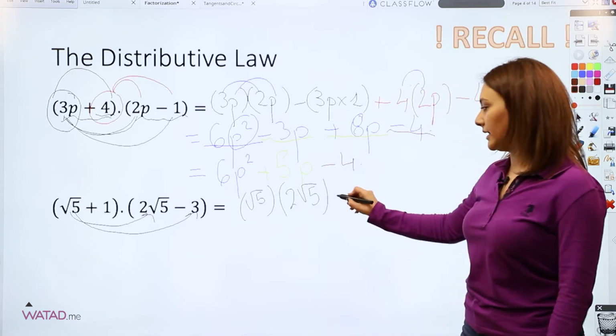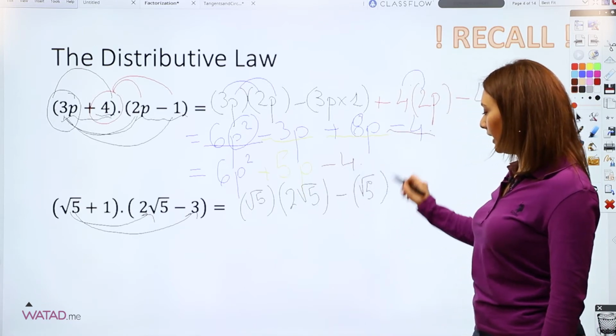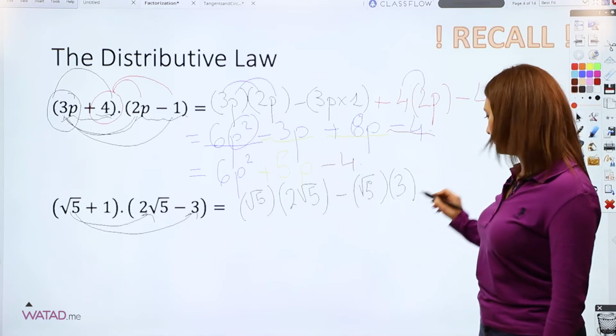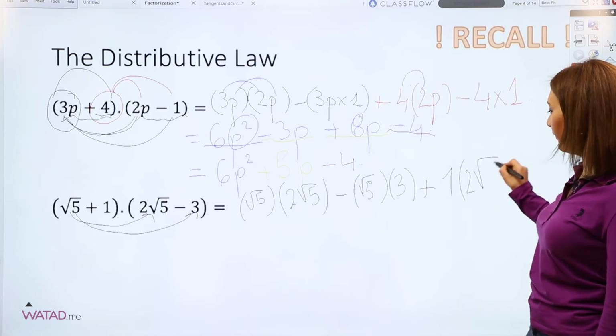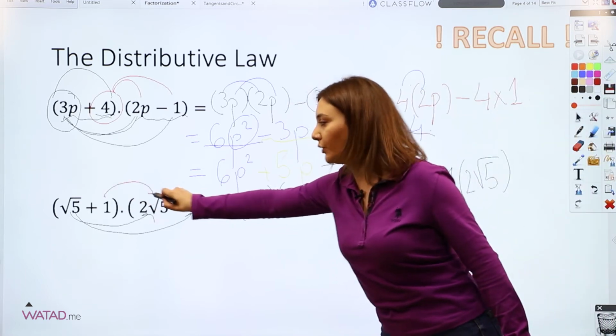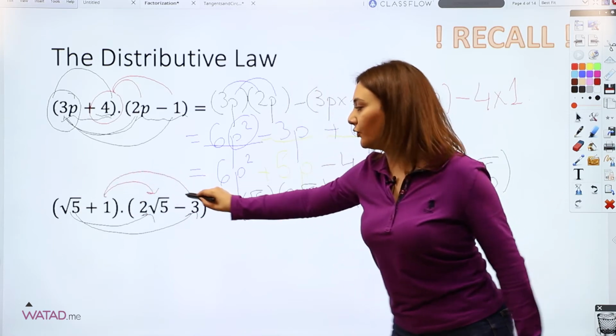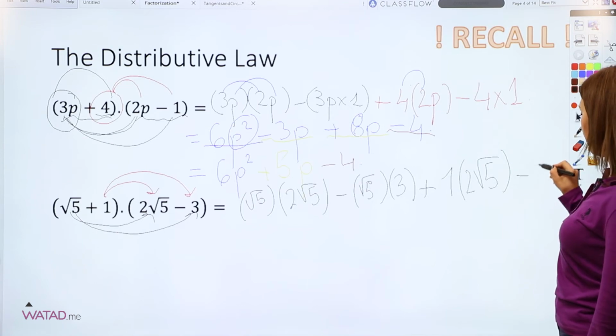Plus times minus is minus. Radical 5 multiplied by 3. Plus 1 into 2 radical 5. I am doing the second term now. Plus 1 into 2 radical 5 plus 1 into negative 3, and negative 3 times 1.